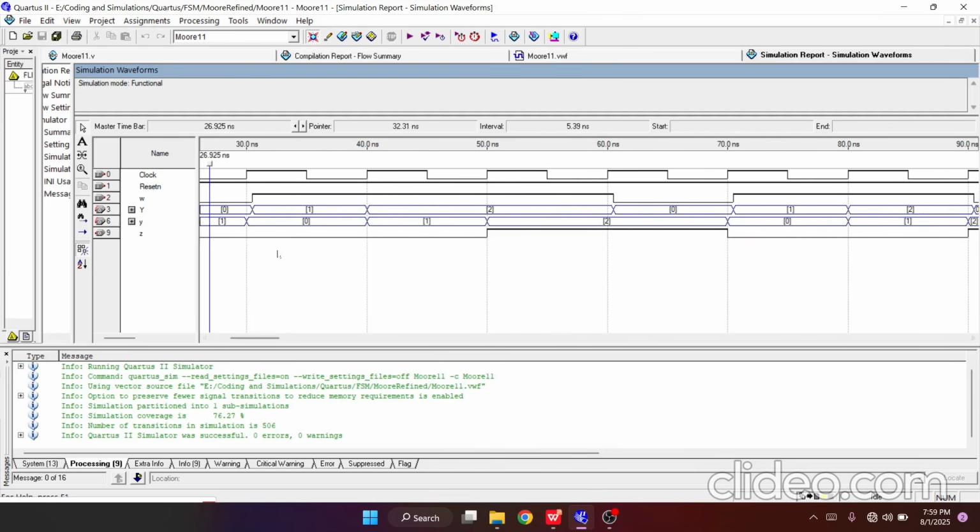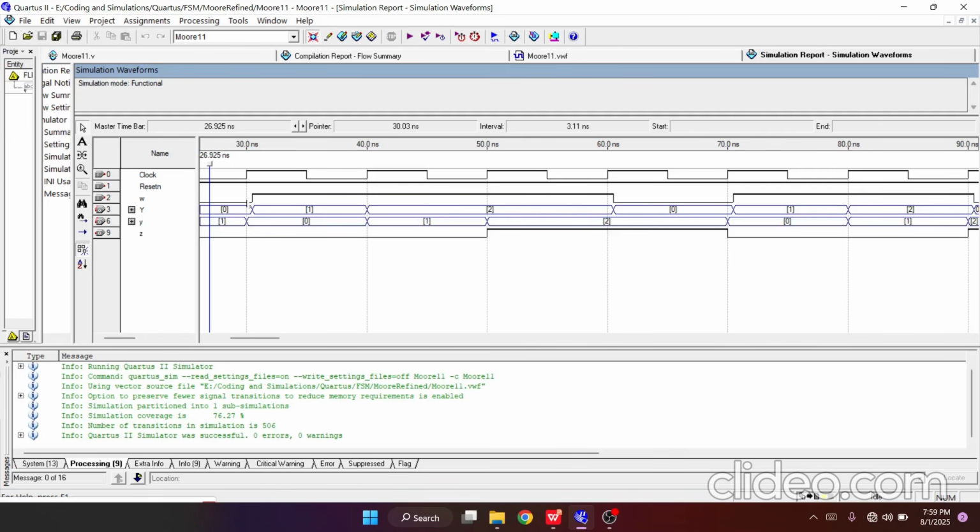Then come here, see that W, though a bit shifted in the time scale, gets high here. If you see this clock, it is getting a positive edge here, but at this time instant the value of W is 0.